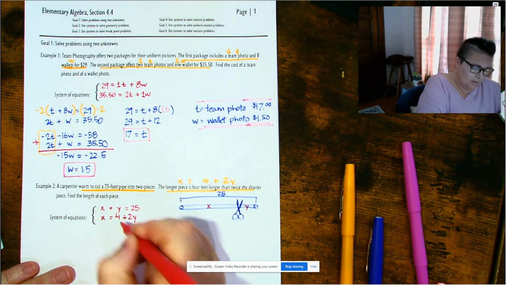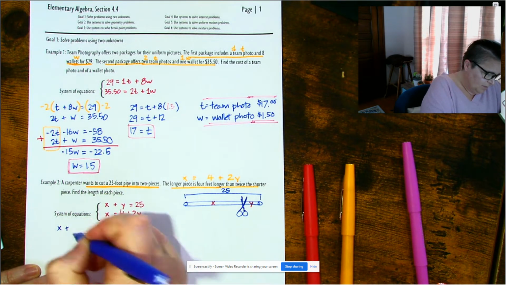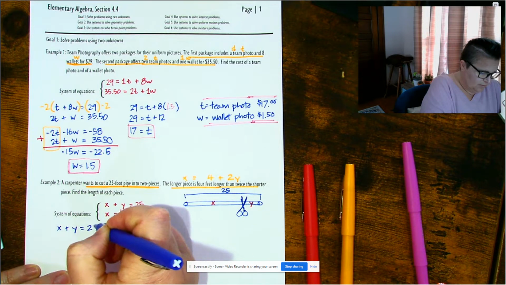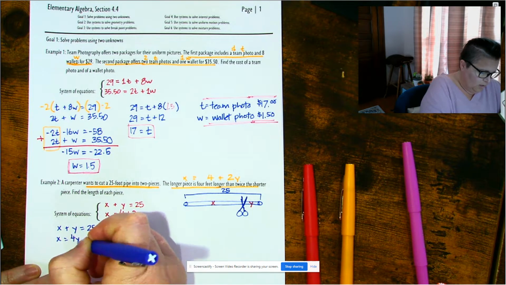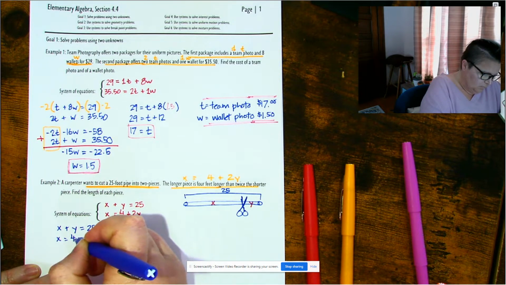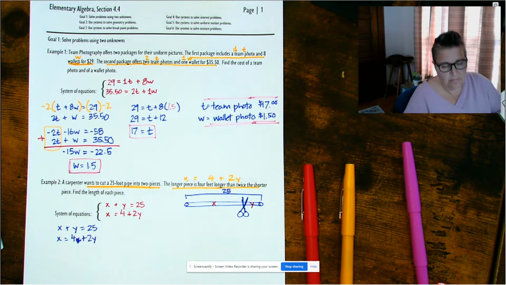All right. So now when I look at this system, I have x plus y is equal to 25, and x is equal to 4 plus 2y. I added that little bit on.